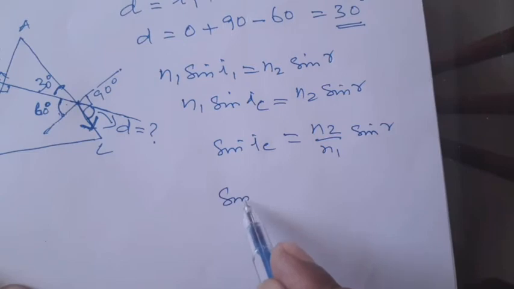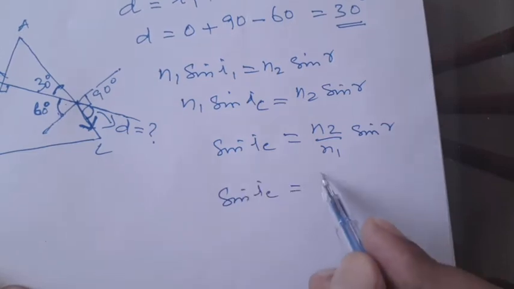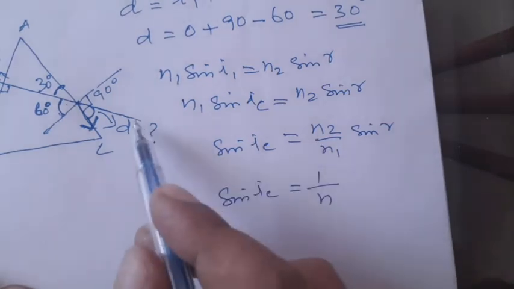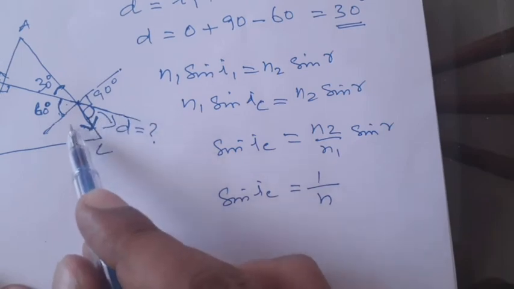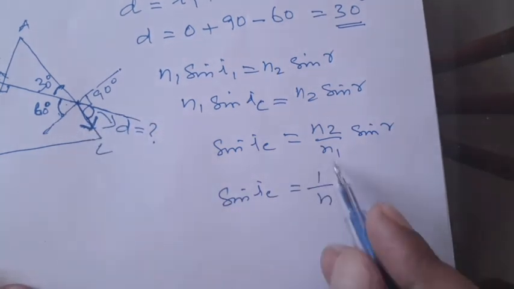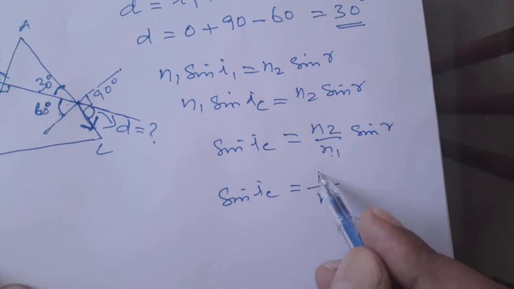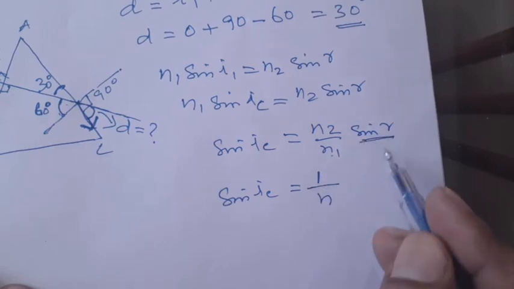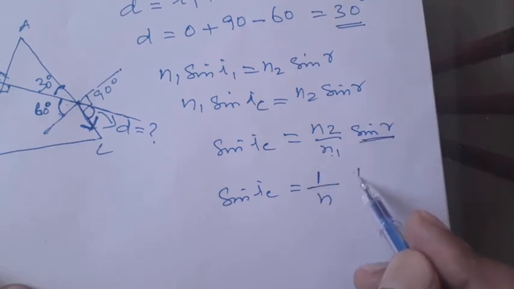Again sine of IC equal to 1 by N. Here the second medium is air and the first medium is the glass prism. N1 is taken as N, N2 is 1. Sine of R, the angle of refraction is 90 degrees, so it is again 1.